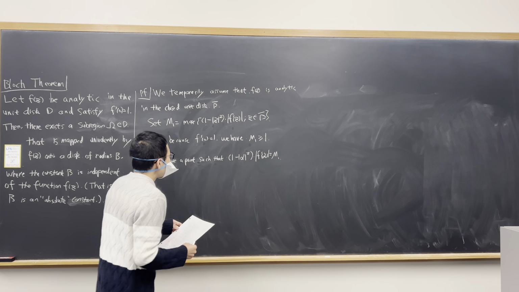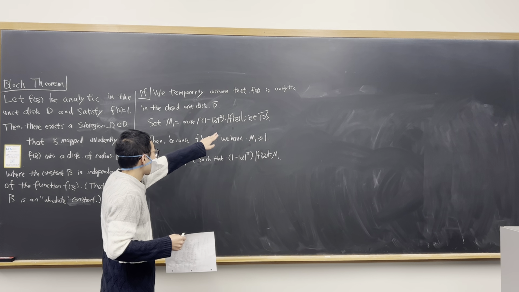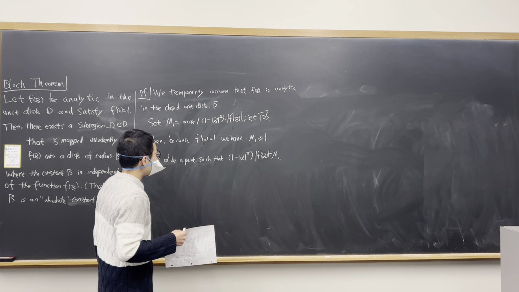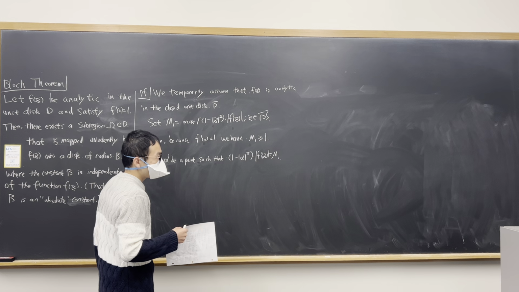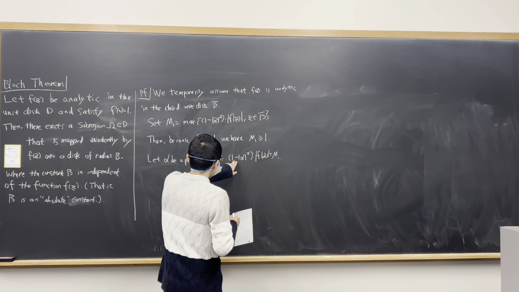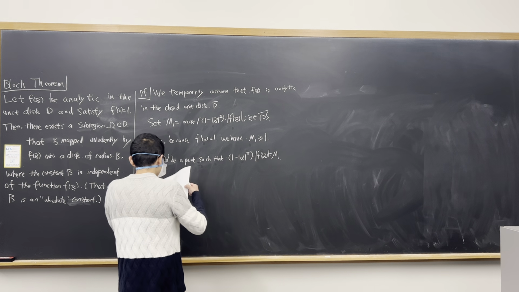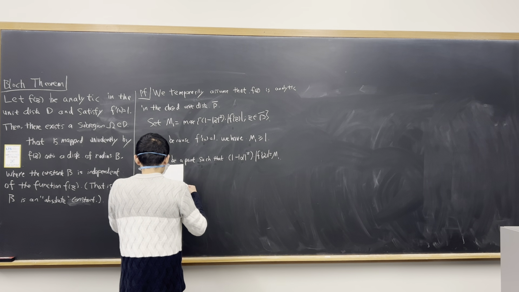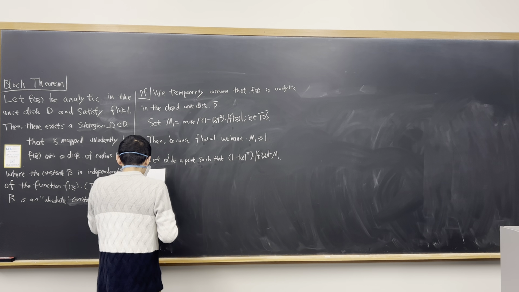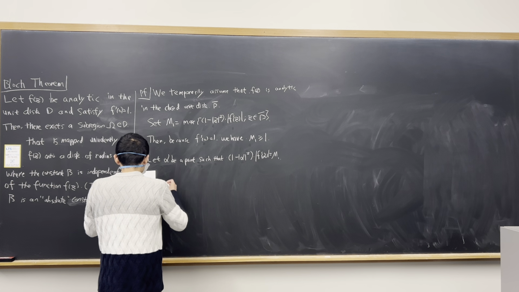Remember that this M1 is a maximum of a continuous function over a compact set, so it must be achieved. So alpha is actually in the disk closure.